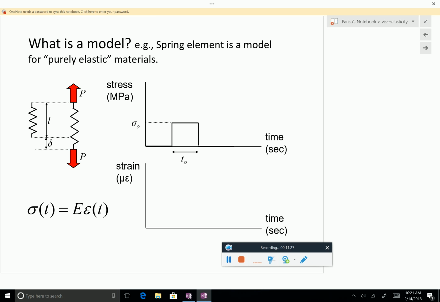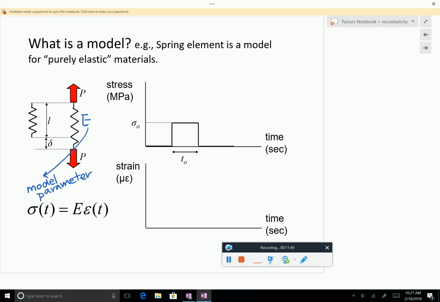When you define a model, when you have a model, you have to also have the so-called model parameters. For linear elastic material, it's very easy. It is E, for example, for the simple cases we consider. That's a material model.